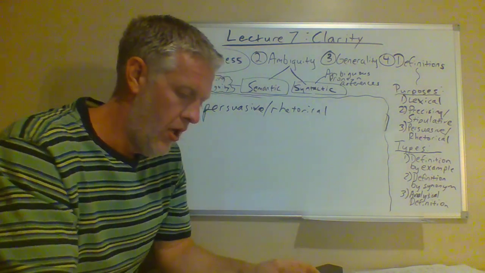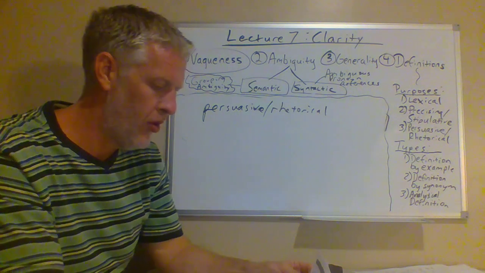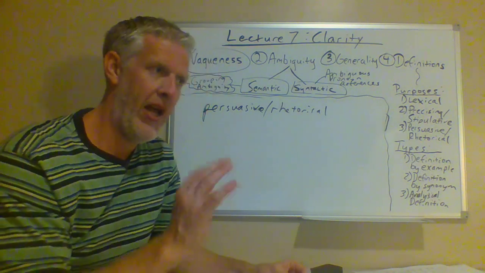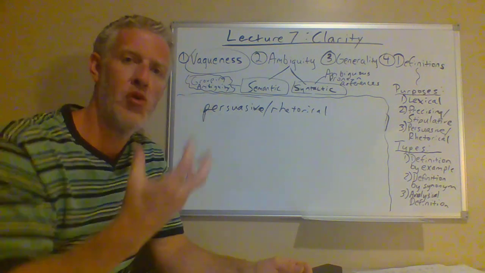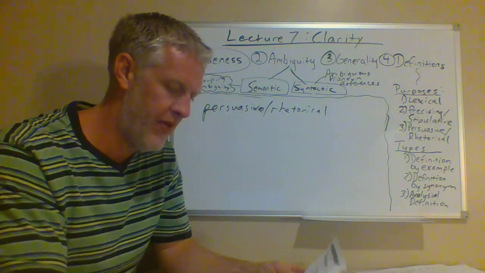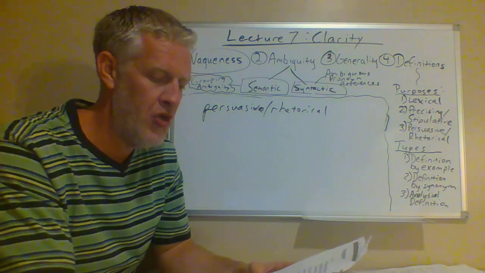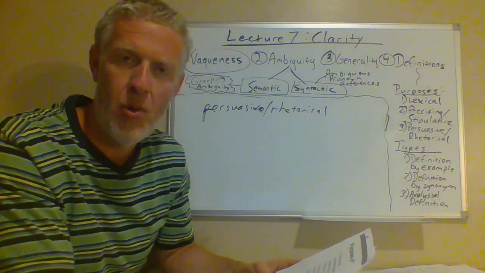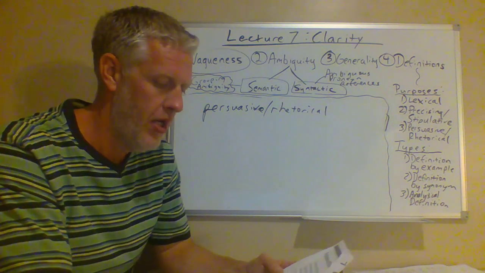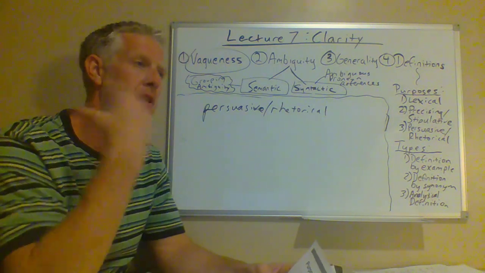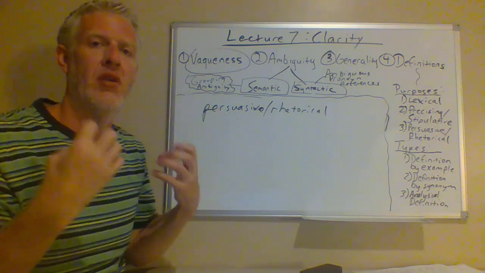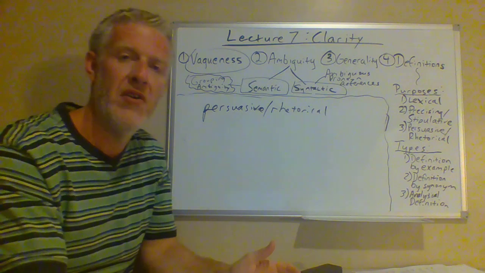Okay. So just to give you an example of a persuasive or rhetorical definition and how it appeals to that emotionally charged language, right? Defining abortion, so this is the bottom of slide 13. If one were to define abortion as, quote, the murder of an unborn child, end quote. That's from page 85 of the 10th edition. If you define something that way, it's going to immediately spark certain emotions for whoever's hearing it, right?